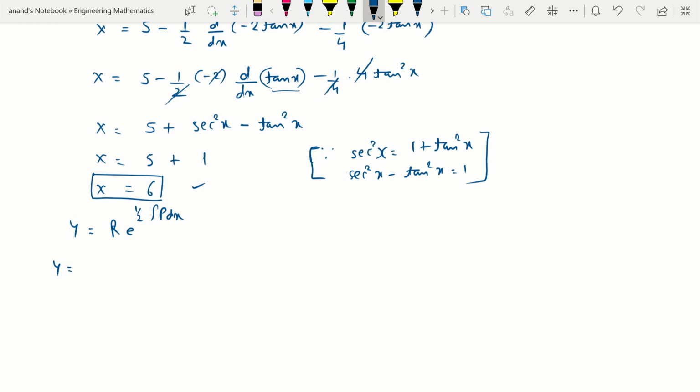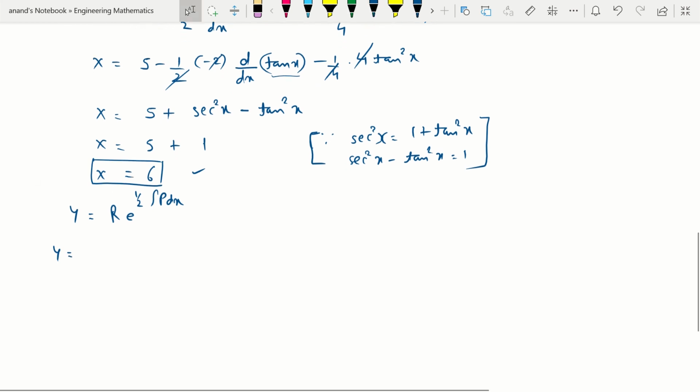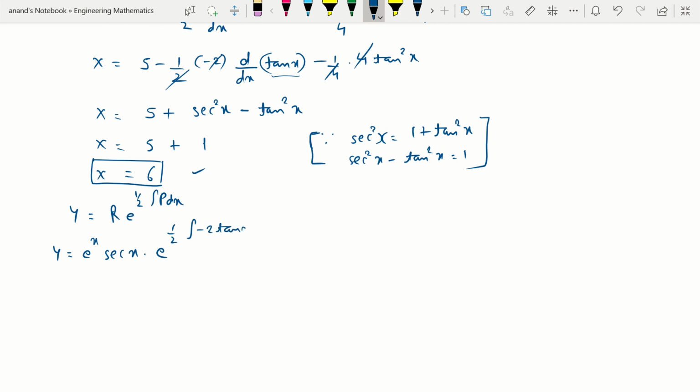So we get y equals, we have r as e to the power x sec x, this is e to the power 1 by 2 minus 2 tan x dx.